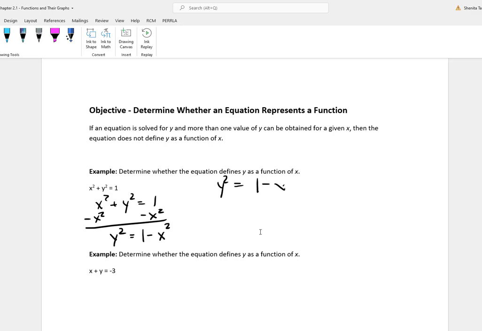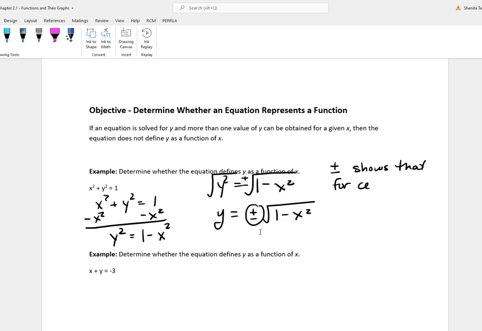To get y by itself, I'm going to take the square root. Now remember, when you take the square root on the right hand side, you get a plus or minus. So that means this plus or minus shows that for certain values of x, there will be two values for y.